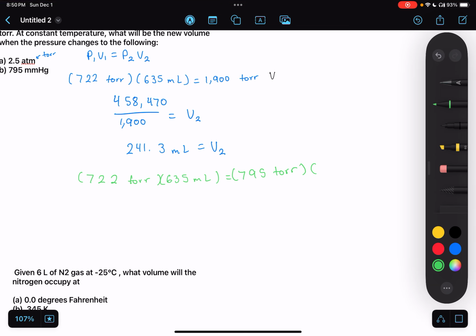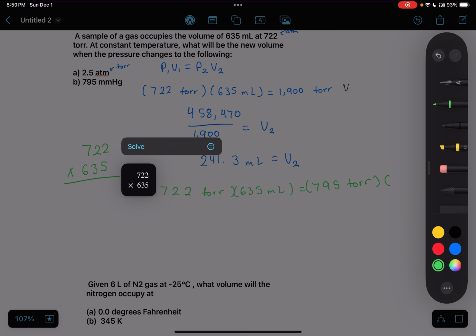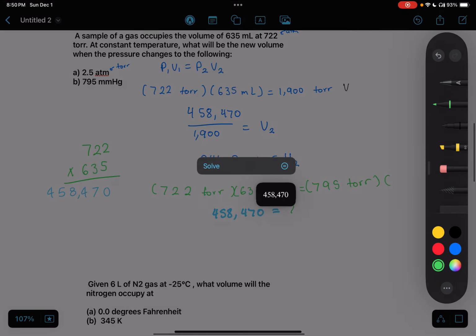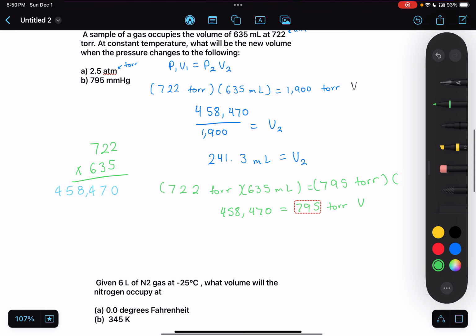So let's just multiply these out. 722 times 635. Hopefully it doesn't give me a wrong answer. So 722 times 635, 458,470. And then we do 458,470 equals 795 torr, and the second volume, V2.